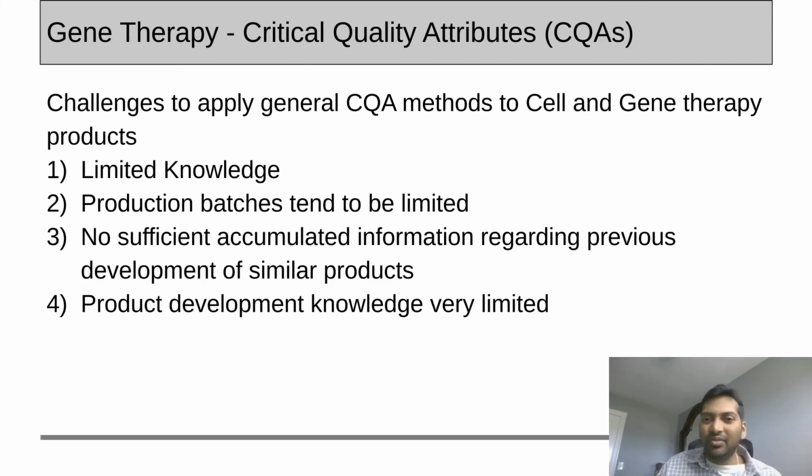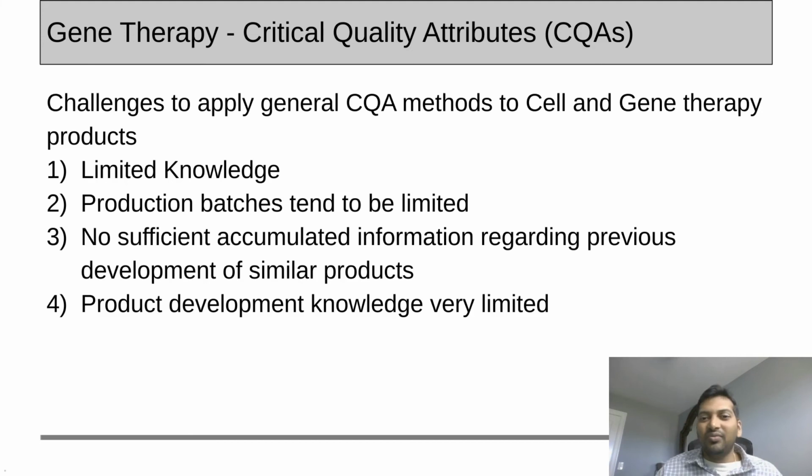A simple example would be that you have an antibody and you create a biosimilar. You have data from clinicals on the antibody, so you take that data and compare what the adverse events could be. That's a simple example. The other challenge is that product development knowledge is very limited.